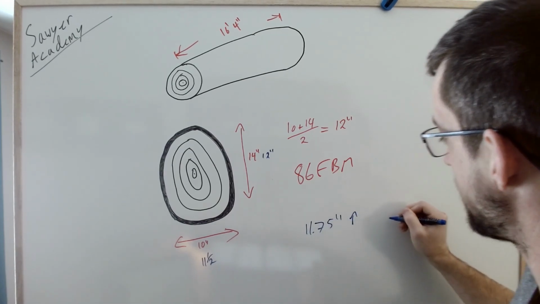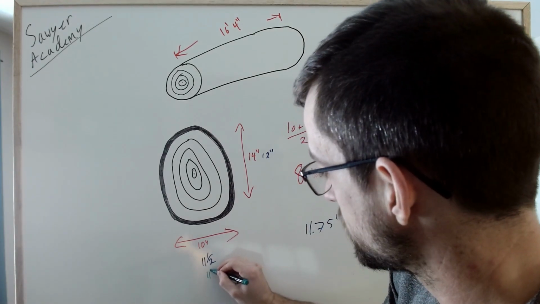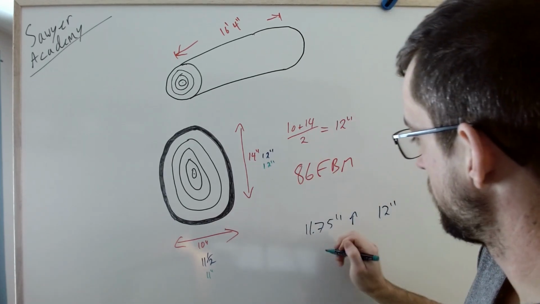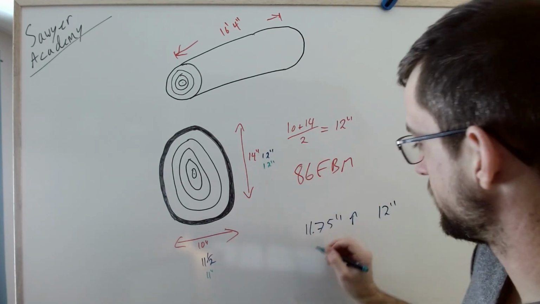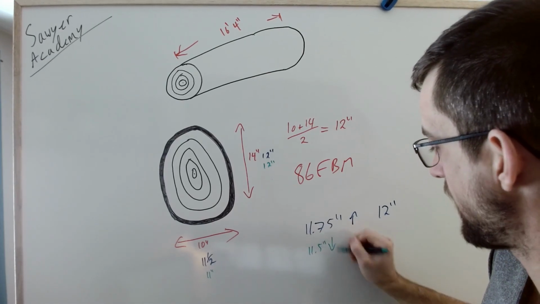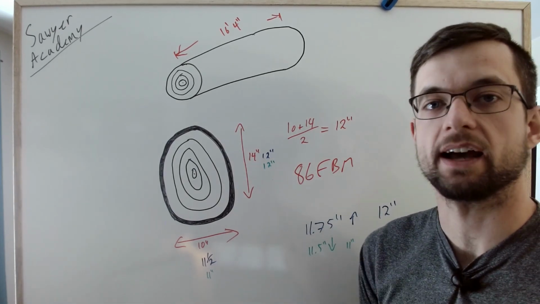So we're going to round that up to 12 inches. But if I have an 11-inch log and a 12-inch log, the average of 11 and 12 is going to be 11.5 inches. That's going to get rounded down to 11 inches to use in that table.